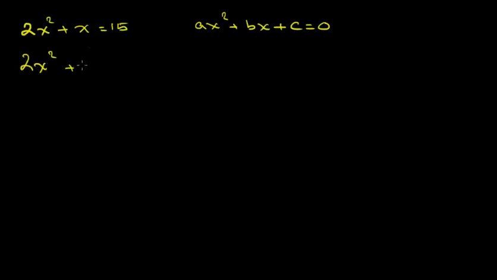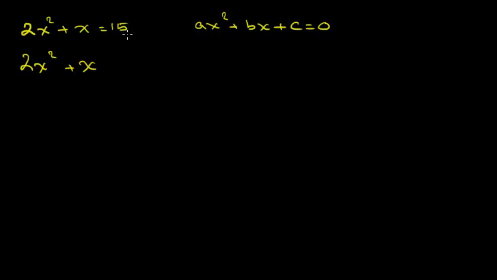So let's try 2x squared plus x equals 15. As you know, the standard form for the equation is ax squared plus bx plus c set to 0, right? Equals 0. Now, we have to turn this one into standard form. We write it as 2x squared plus x.